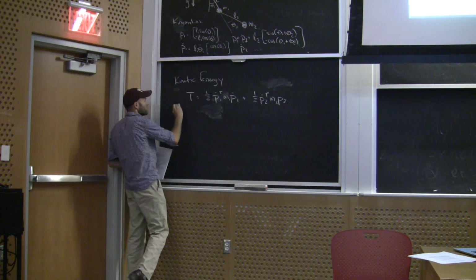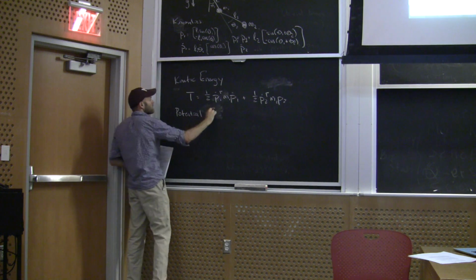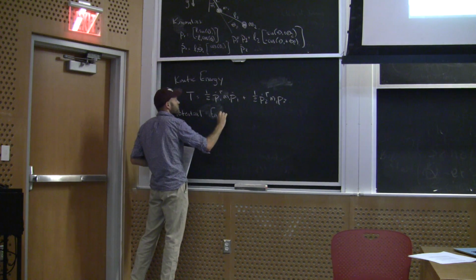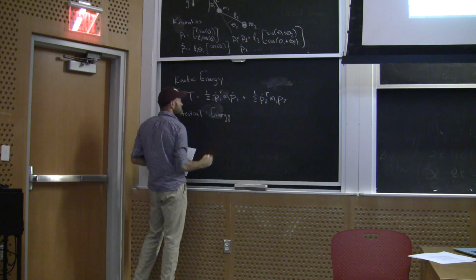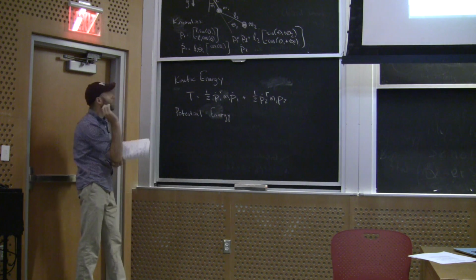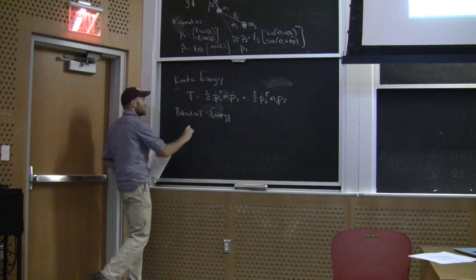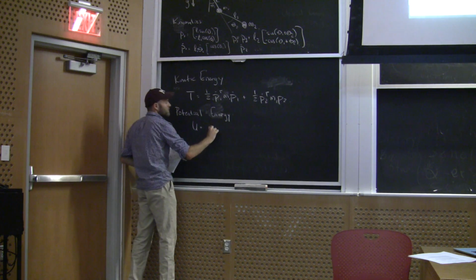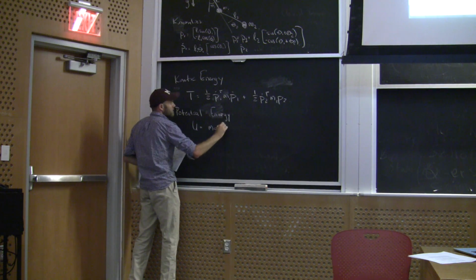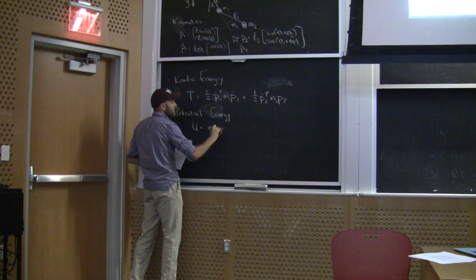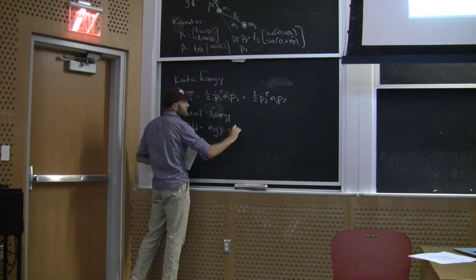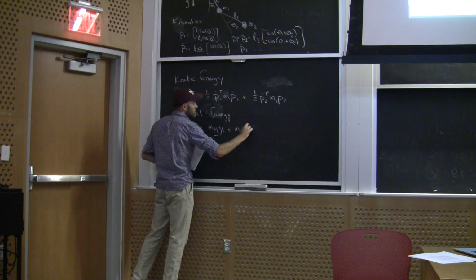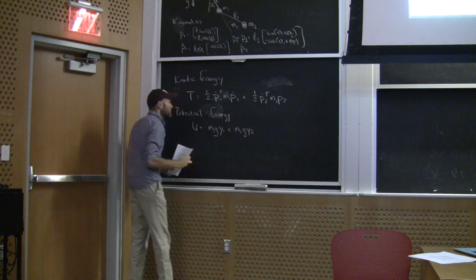Okay, I can write the potential energy, you name it. It's very simple, right? I basically get m1 g y1 plus m2 g y2, let's say.